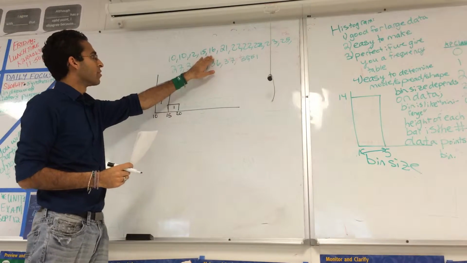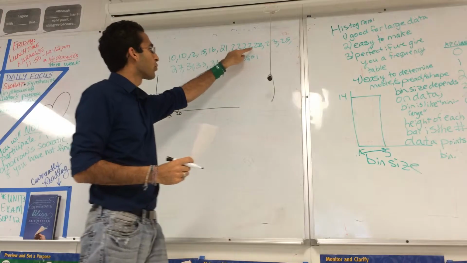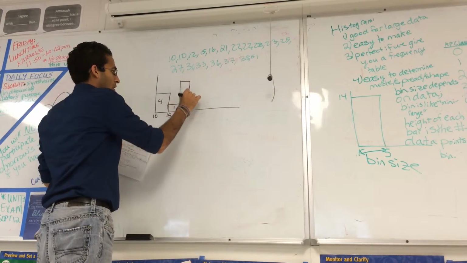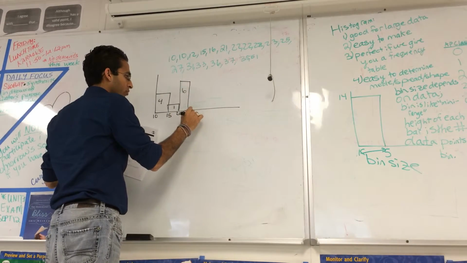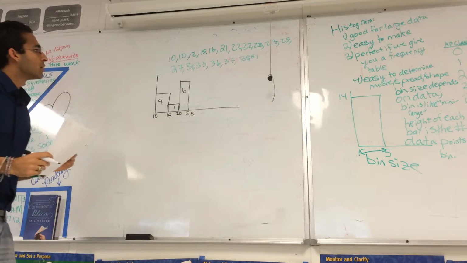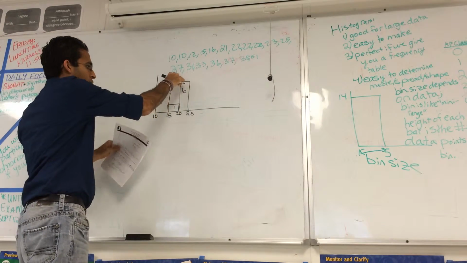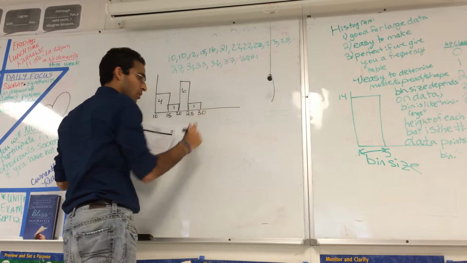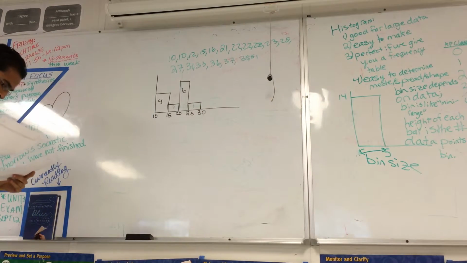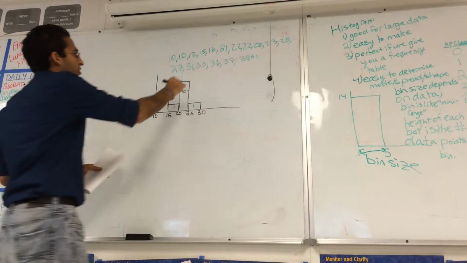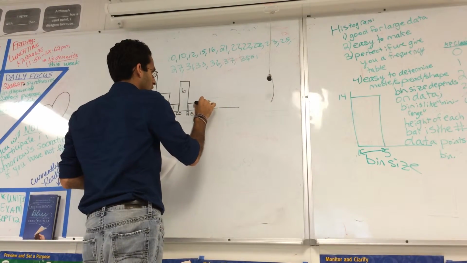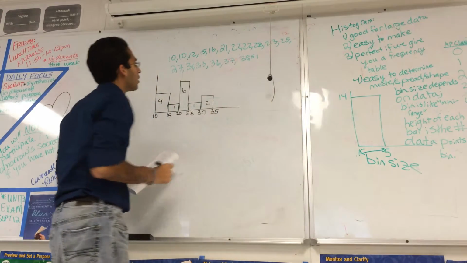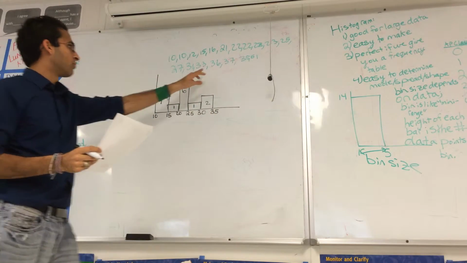Okay, I'm done up to here. From 20 to 25 is 1, 2, 3, 4, 5, 6. So 6 from 20 to 25. 25 to 30 is 1. $30 to $35 is 1, 2. $35 to $40 is 3.